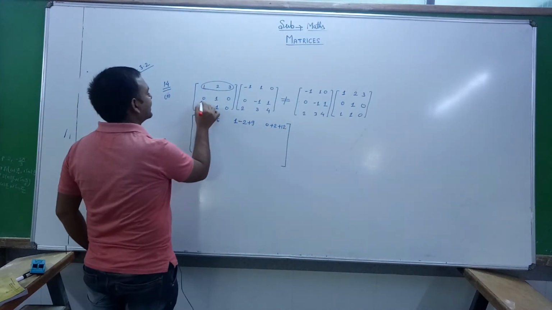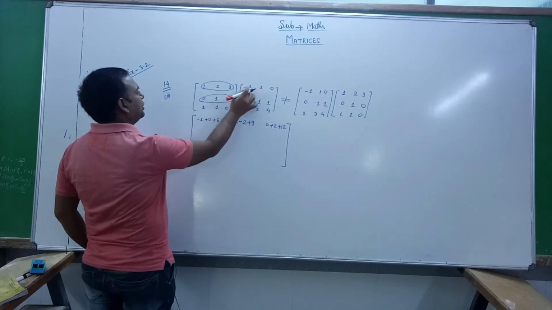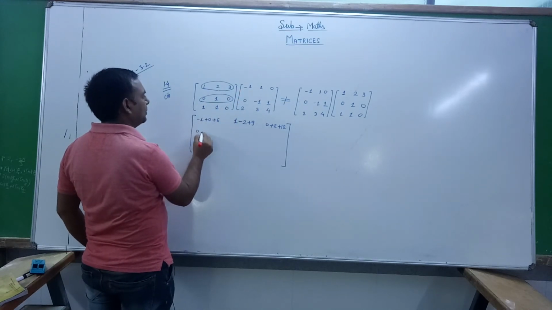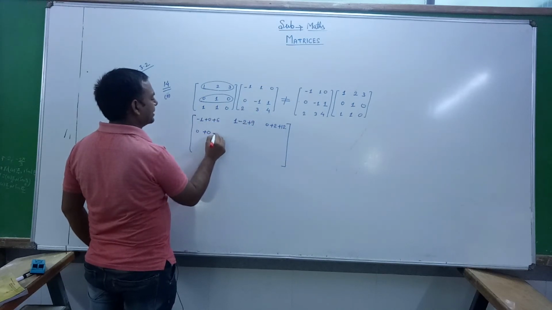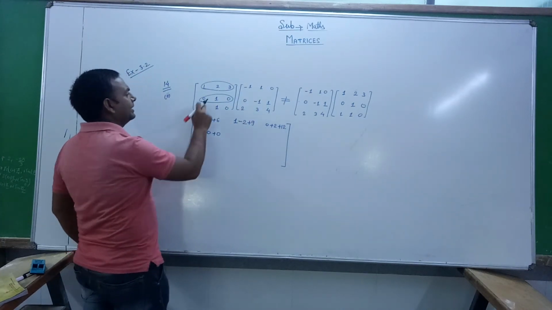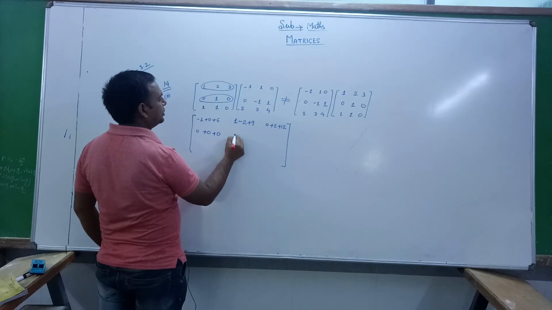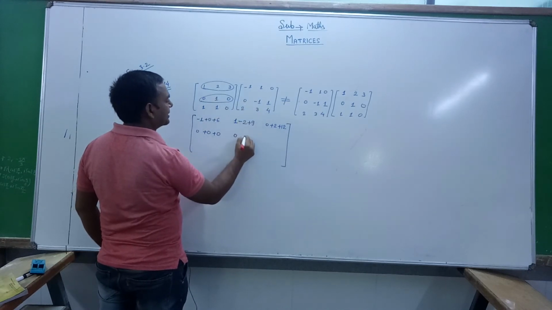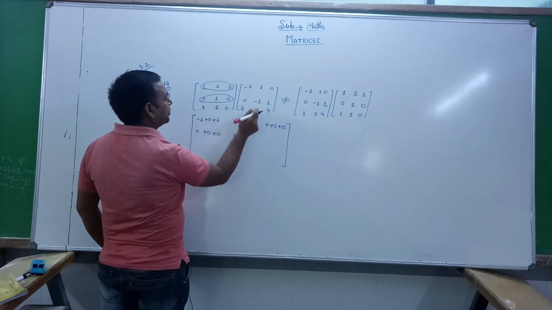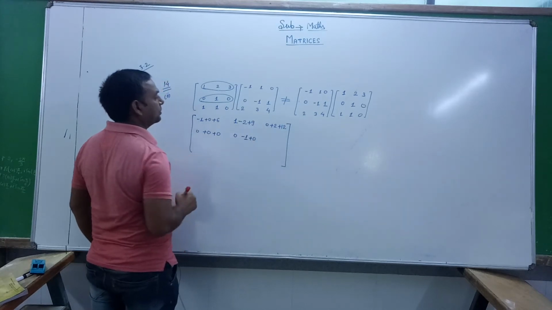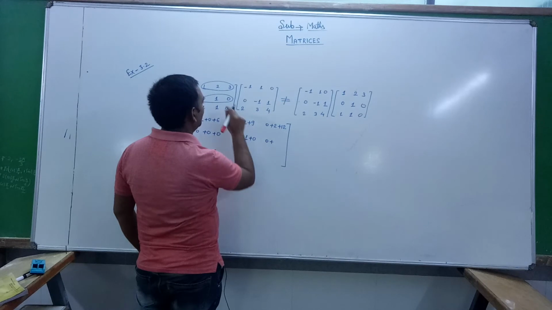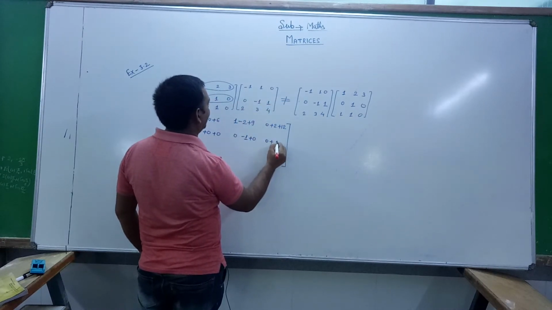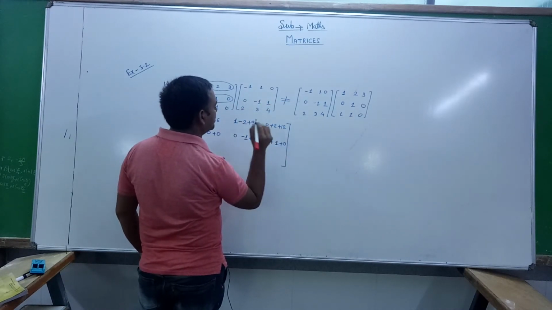Next, for the second row: 0 times minus 1 is 0, 1 times 0 is 0, 0 times 2 is 0. Then 0 times 1 is 0, 1 times minus 1 is minus 1, 0 times 3 is 0. Next, 0 times 0 is 0, plus 1 times 1 is 1, and 0 times 4 is 0.